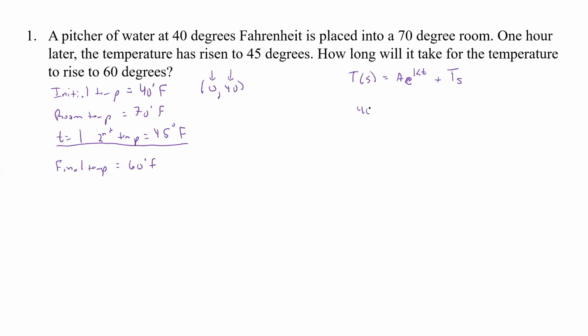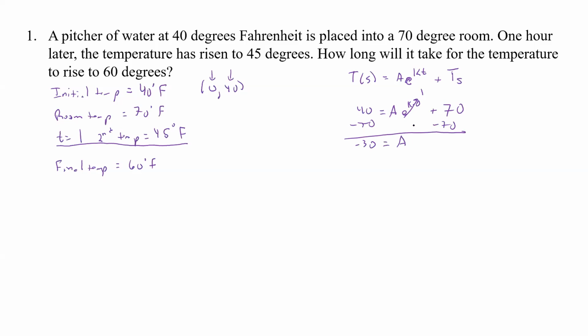So we have 40 equals A e to the k times 0 plus Ts, well, that was the temperature of the room, which is 70, okay? Now, e to the 0 power, anything to the 0 power, is just 1, so that's 1. So that way we have A plus 70 is equal to 40. So subtract 70. So negative 30 is equal to A.